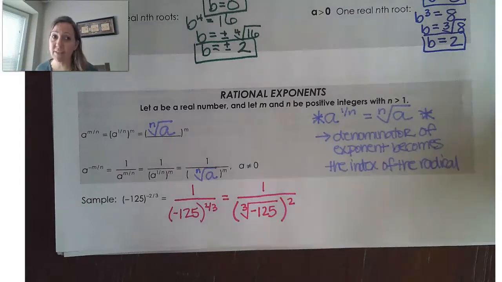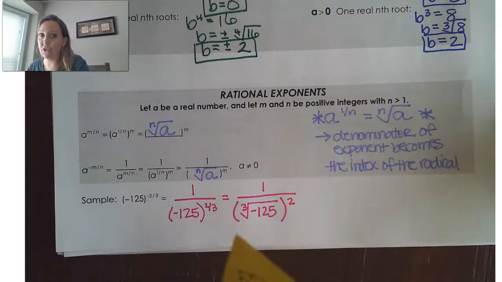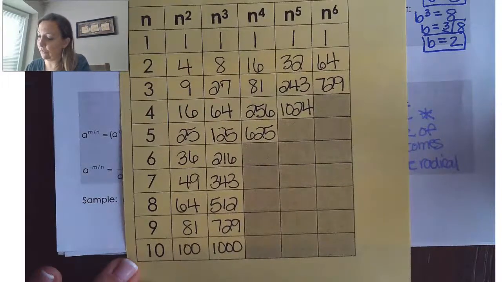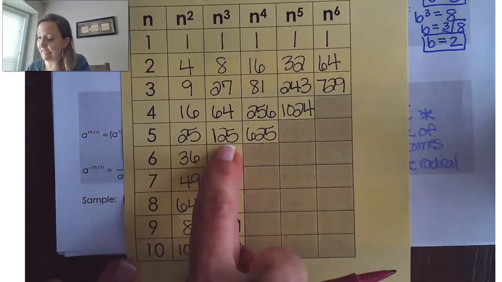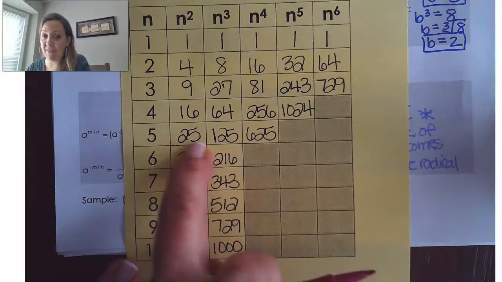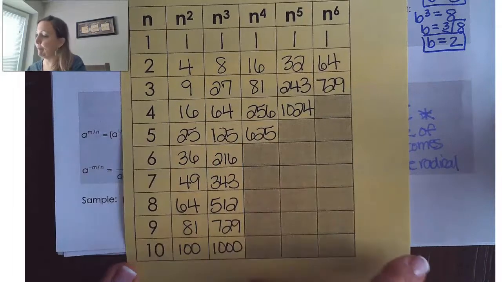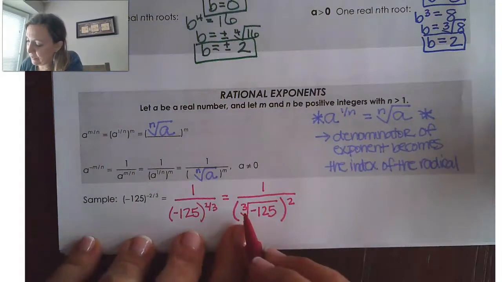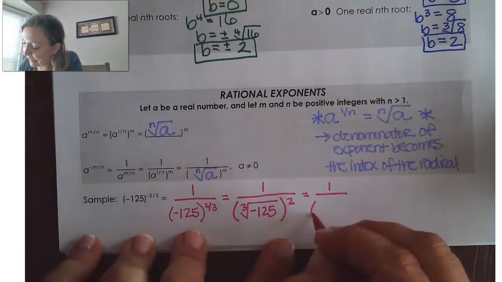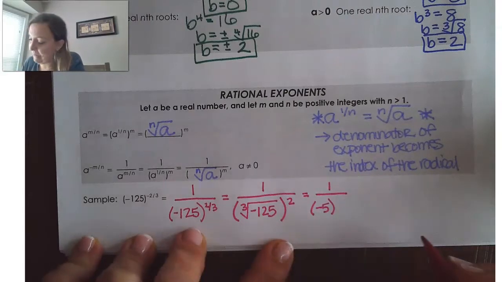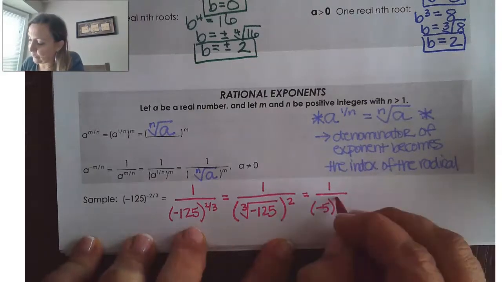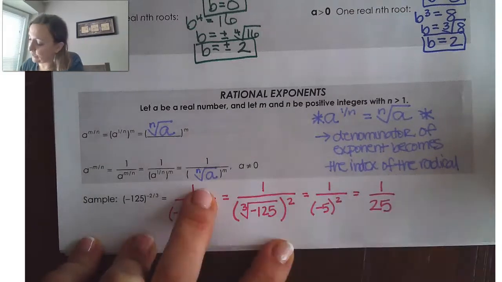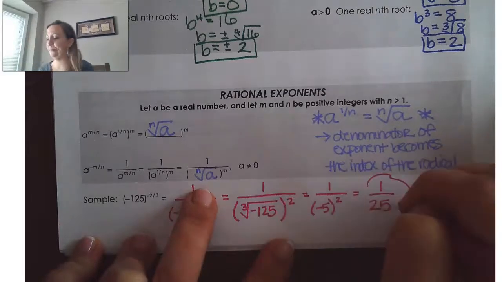If I don't know what that is off the top of my head, I can go to the power chart and look under cube, and I can see that the root of positive 125 is going to be 5. Remember, cube roots, odd roots, can be negative. So the cube root of negative 125 is going to be negative 5, and negative 5 squared is still going to be positive 25. So our answer is 1/25.